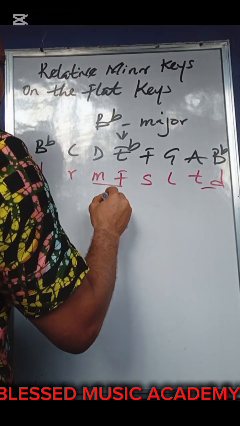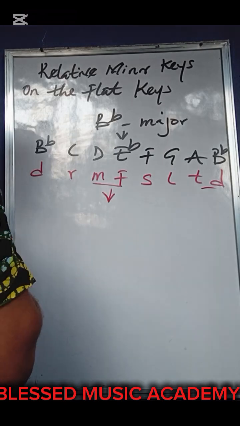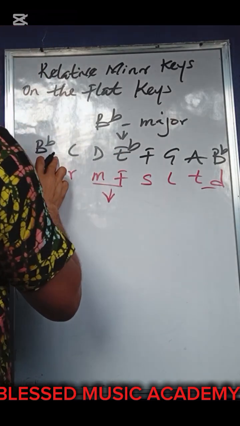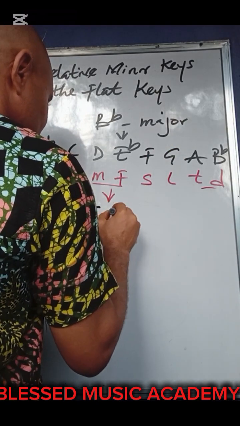So for our relative minor, you just count three steps: 1, 2, 3 becomes what? G minor. Our relative minor of B flat is G minor.